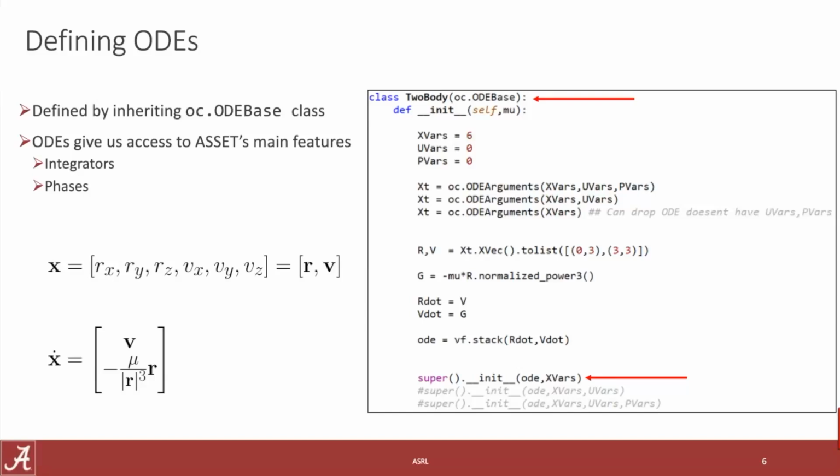But for the dynamics, in optimization, we have to somehow transcribe the dynamics of your solution space. You know, are you using the two-body problem, the CR3BP and ephemeris model? These ODE args are used to instantiate ASSET models, ODE models that can represent the solution space you're in.